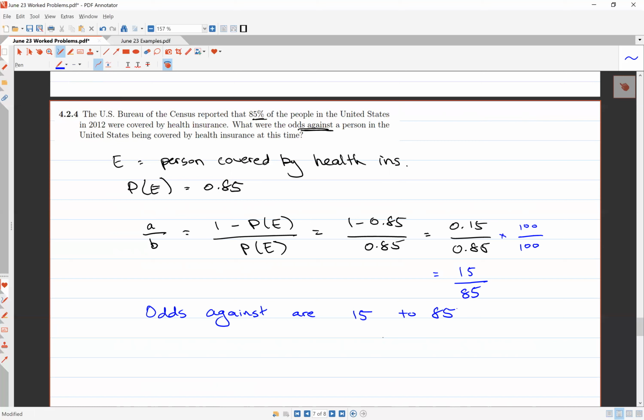Now, 15 and 85 are both multiples of 5, so I can divide both of them by 5. And so I get 3 to 17. There are my actual odds against someone being covered by health insurance.